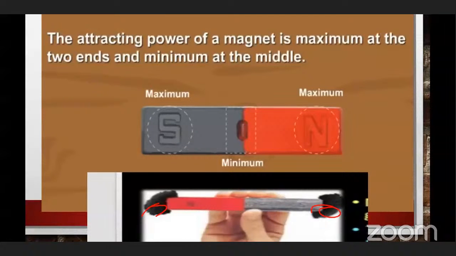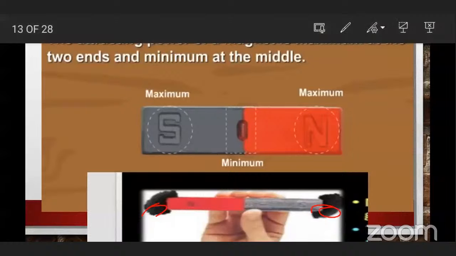The attracting power of a magnet is maximum at the two ends and minimum at the middle. In our activity, we saw that the iron filings were not attracted in this portion.